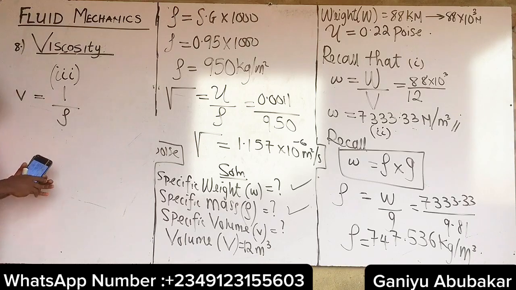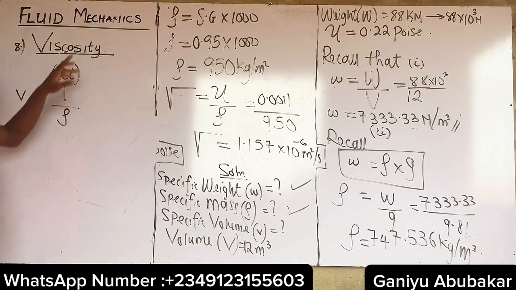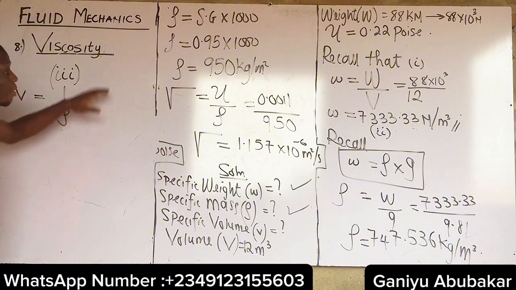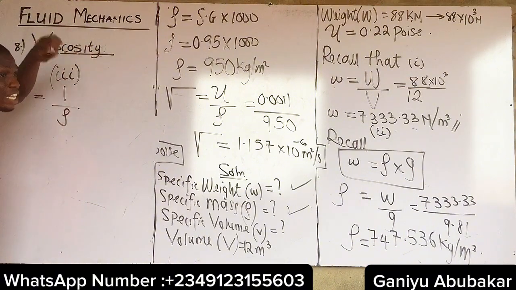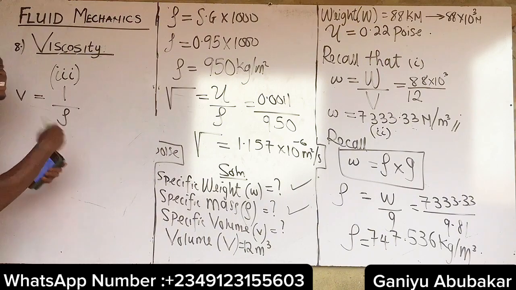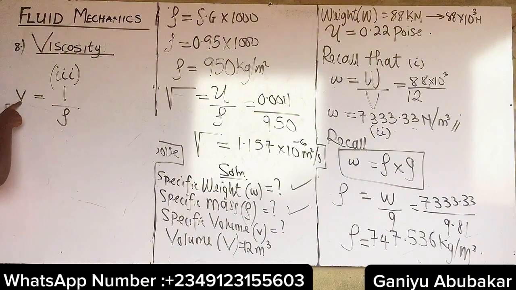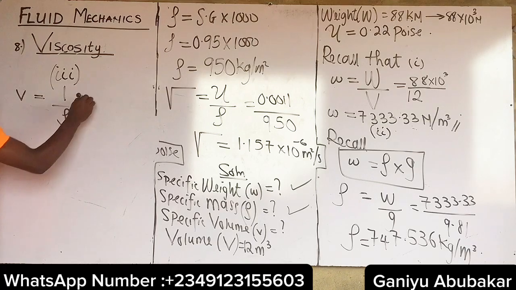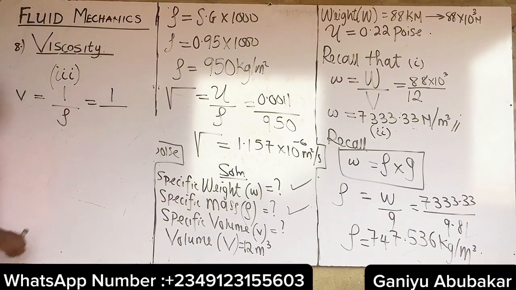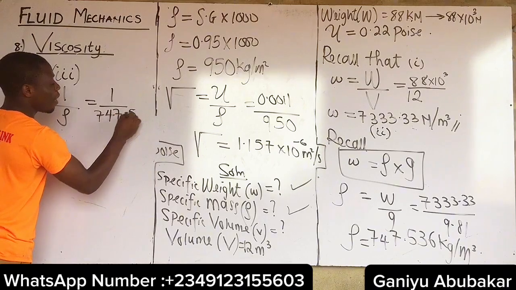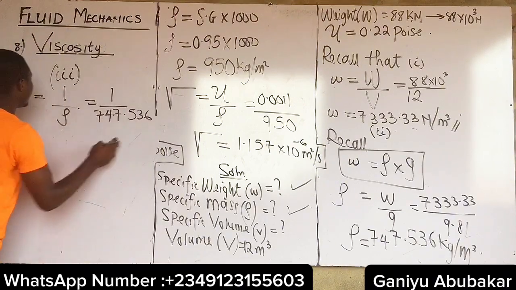Check that we said specific volume is the ratio of total volume to its total mass, that's volume over mass, as we said in the last class. And I said that it's also the inverse of mass density, if you can recall very well. So specific volume, small v, is 1 over rho. Rho is 747.536. Divide these two here.